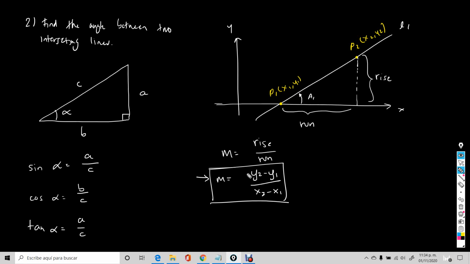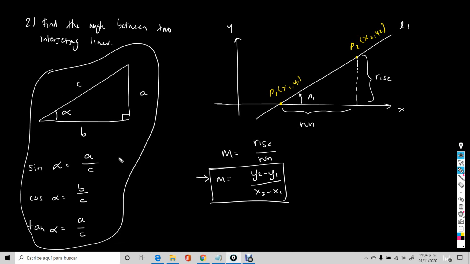Now, how does this help me in getting this angle 1 of this line L1? Well, it's very simple. Look, I can write the following. I can write tangent of angle 1 is equal to, according to my definition of tangent, the tangent of an angle is equal to its opposite side, as you can see, over its, I'm sorry, no, I made a mistake right here.